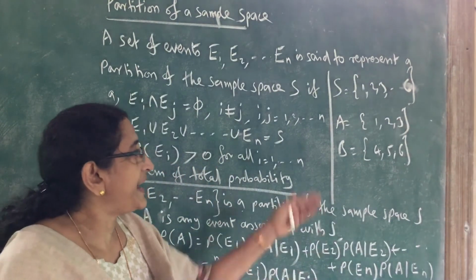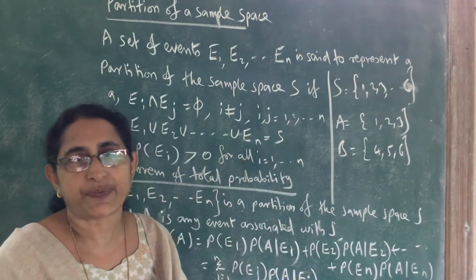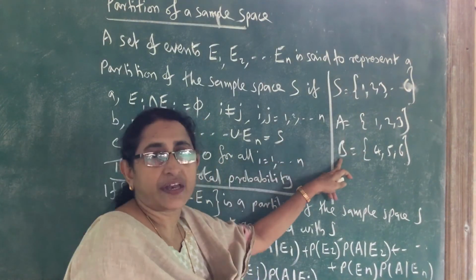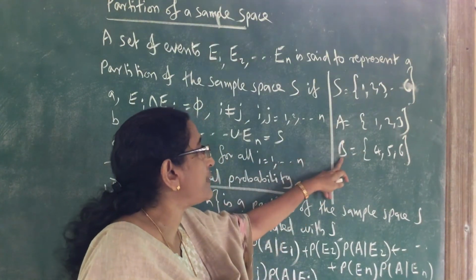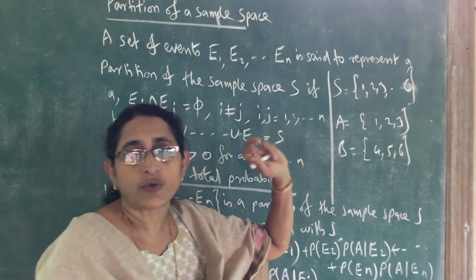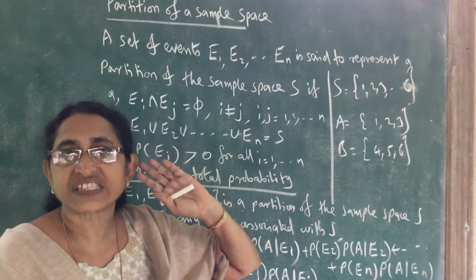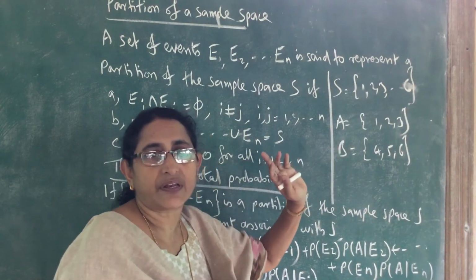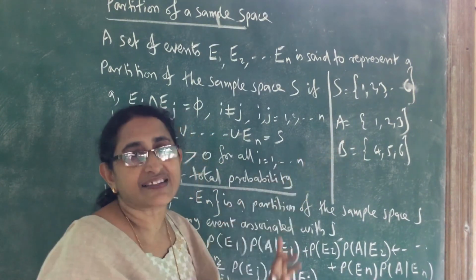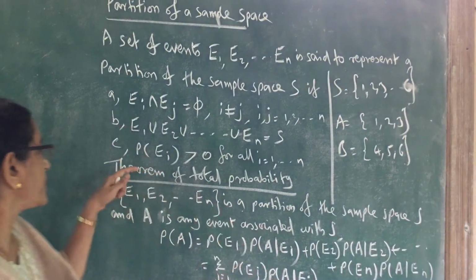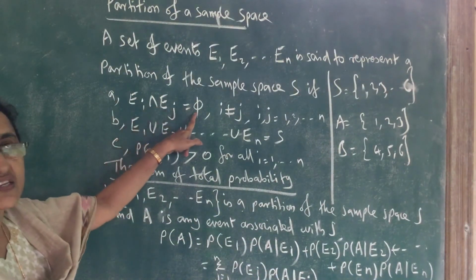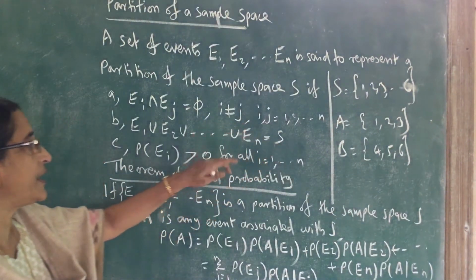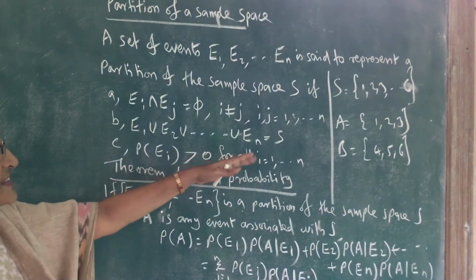Then here A and B form a partition of sample space S. Because their union, what is their union? A union B is equal to S, 1, 2, 3, 4, 5, 6. So they are exhaustive events. Then A intersection B, they have no common element, so A intersection B is null set. That condition is satisfied. Then their probability is greater than 0.